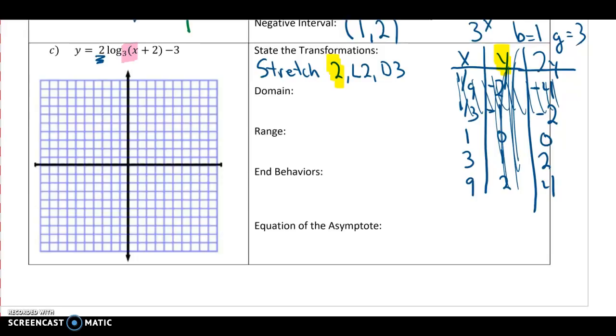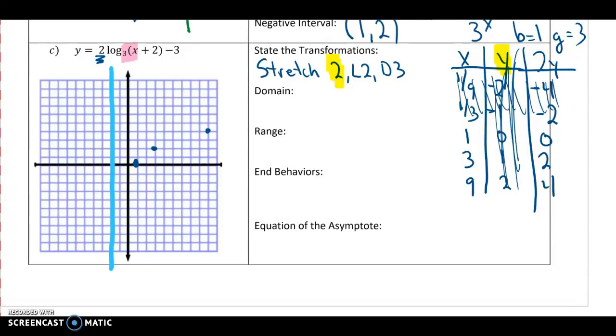So I'm going to start with 1, 0, 3, 2, and 9, 4. And now I'm going to finish my transformations. I'm going to move the points left 2 and down 3. And I'm also going to, since I'm here, apply the wall. So the wall is going to be over here now.